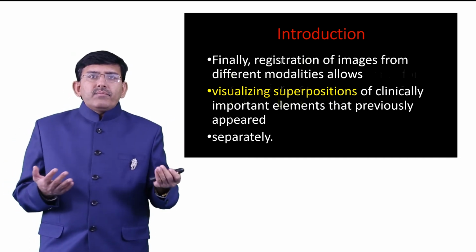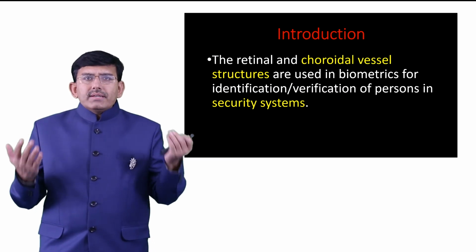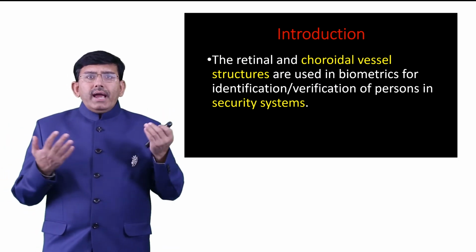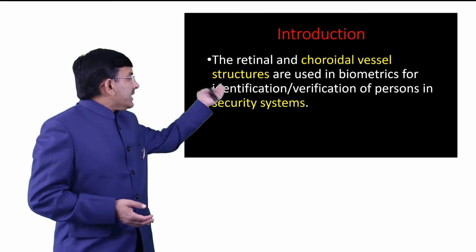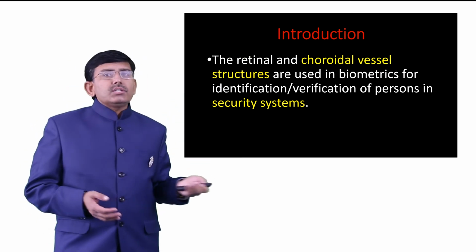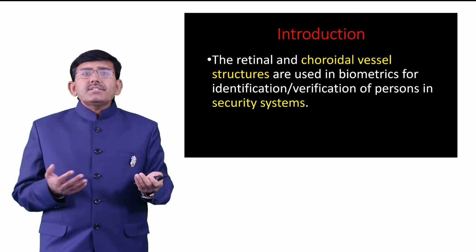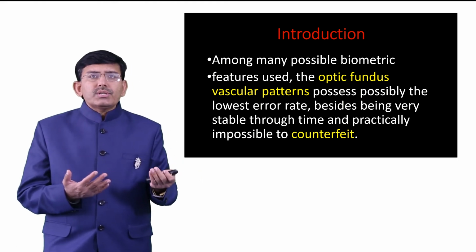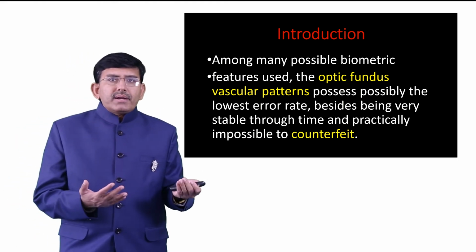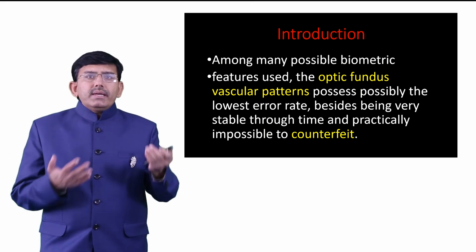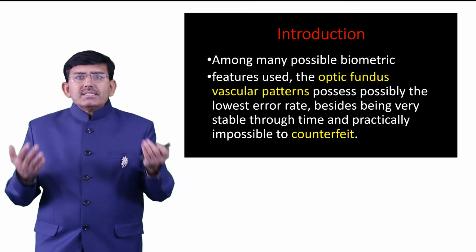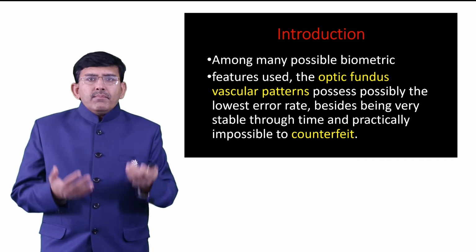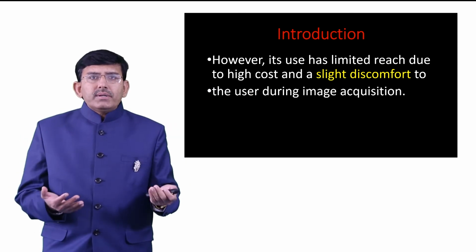The retinal and choroidal vessel structures are used in biometrics for identification or verification and authentication of a person in security systems. Among many possible biometric features used, the optic fundus vascular pattern possesses possibly the lowest error rate, besides being very stable through time and particularly impossible to counterfeit.